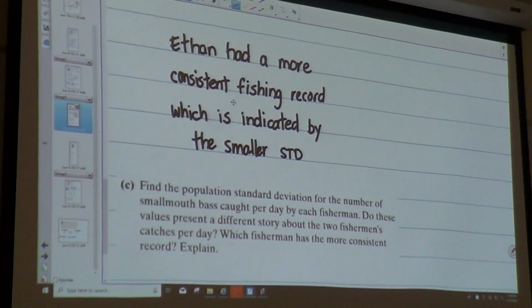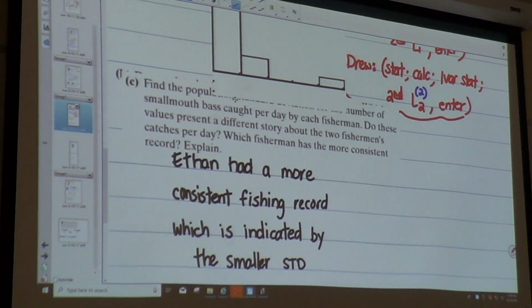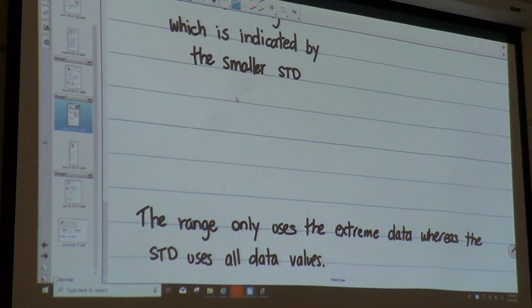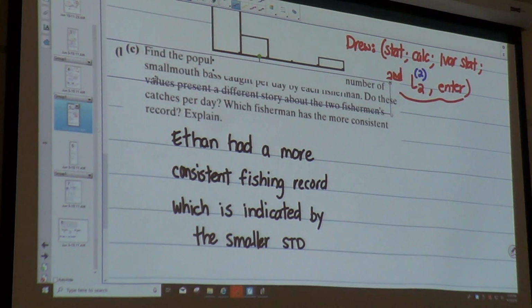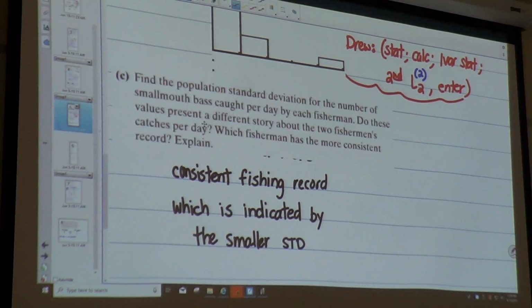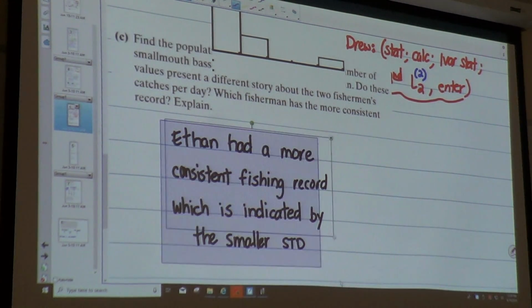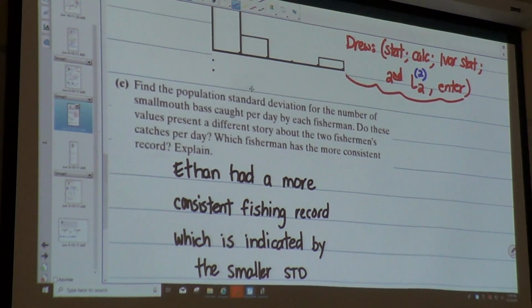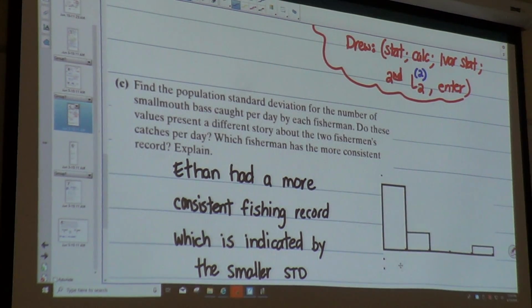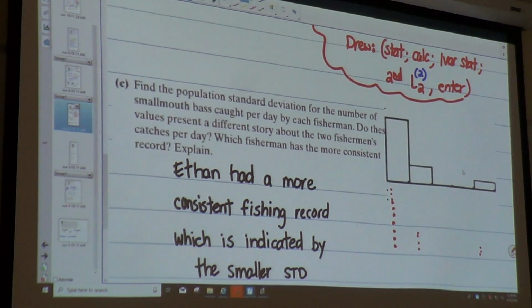Go with C. If I look at this, this is a histogram. They wanted a dot plot, which means if I turn these into dots, dot, dot, dot, dot, dot, dot, dot, dot, dot, dot. If I move this away, you now have a dot plot.